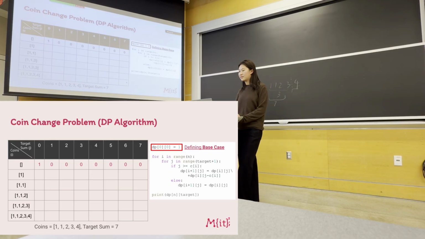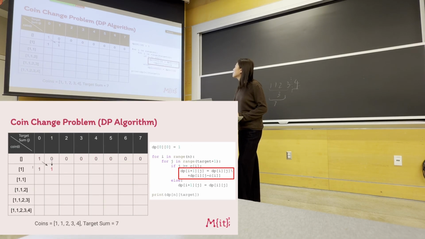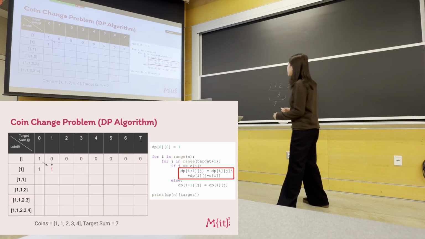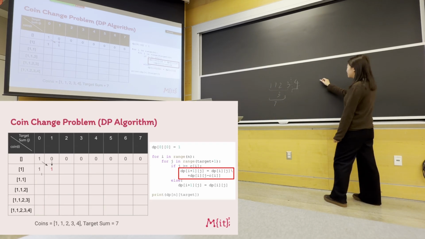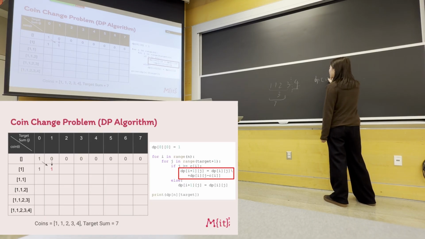And notice that the base case values for DP01, DP02 would all be 0 because if we have no coins, there will be no way to make a sum of 1 or a sum of 2. And the key here is the transition. I'm just gonna rewrite it to make sure it's like a straight line.